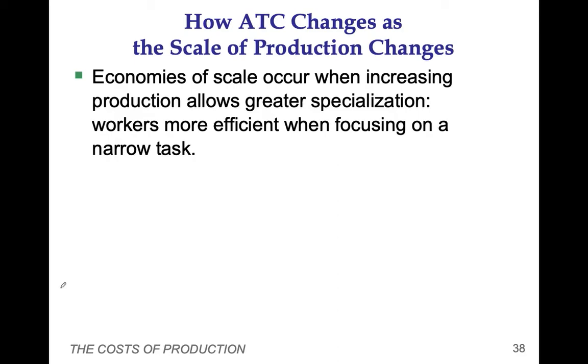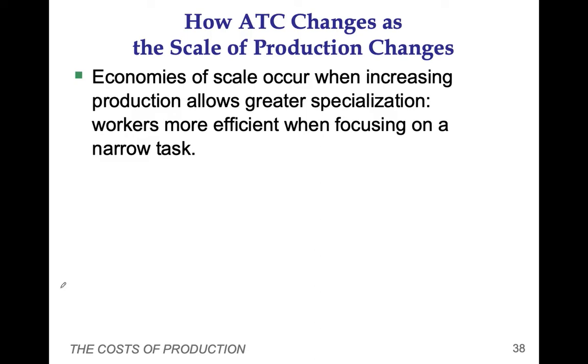Economies of scale occur when increasing production allows greater specialization. So what is the background explanation for these economies of scale? Actually, they might be explained by the greater specialization of the firm. Increasing production means greater specialization. Workers become more efficient when focusing on a narrow task.